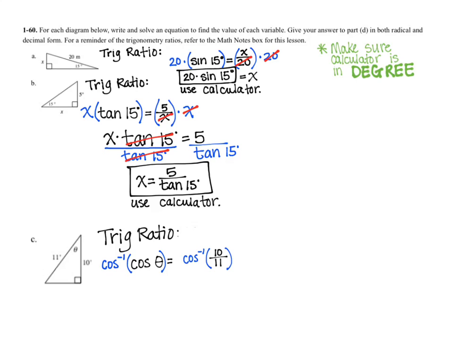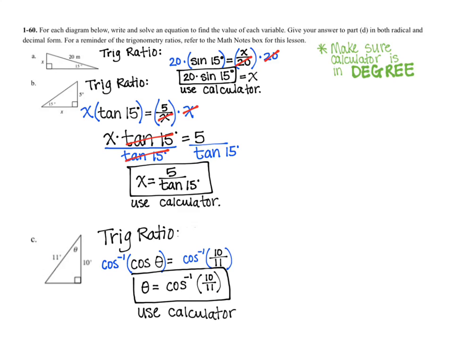And so what will happen is the inverse of the function and the function itself cancel each other out, and what you're left with is theta equals the inverse cosine of 10 divided by 11. And you can plug this into your calculator, but do it very carefully.